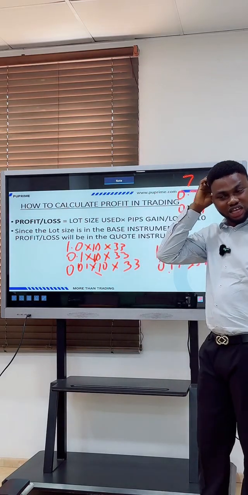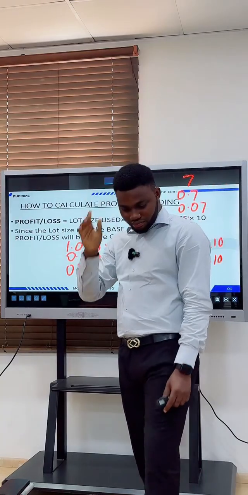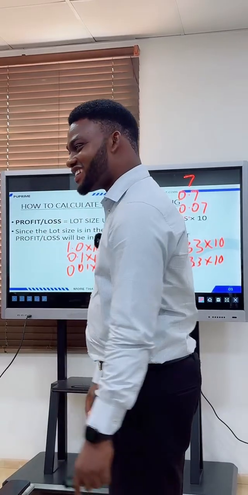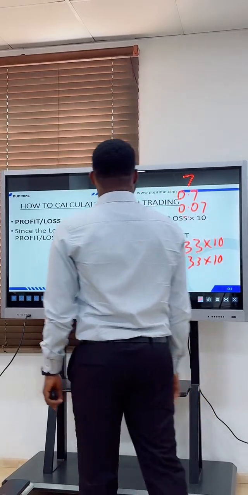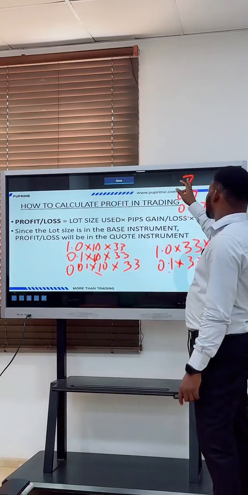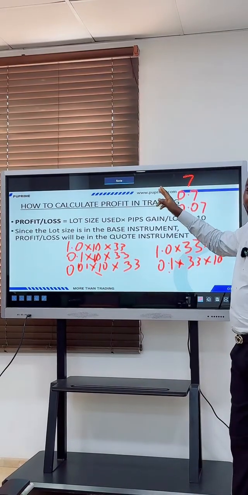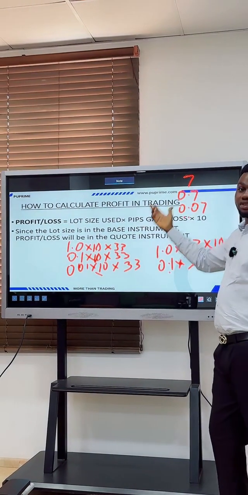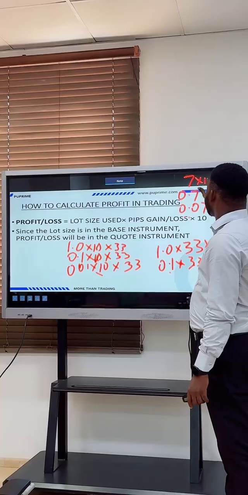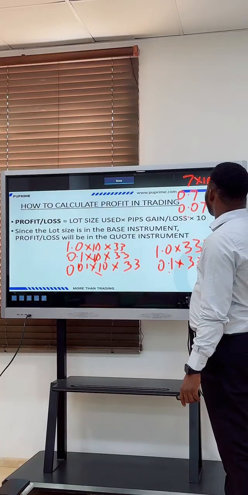People online, how much are we going to make? It's the lot size that determines it. This is going to be 7 times 10 times 33. How much will it give us?